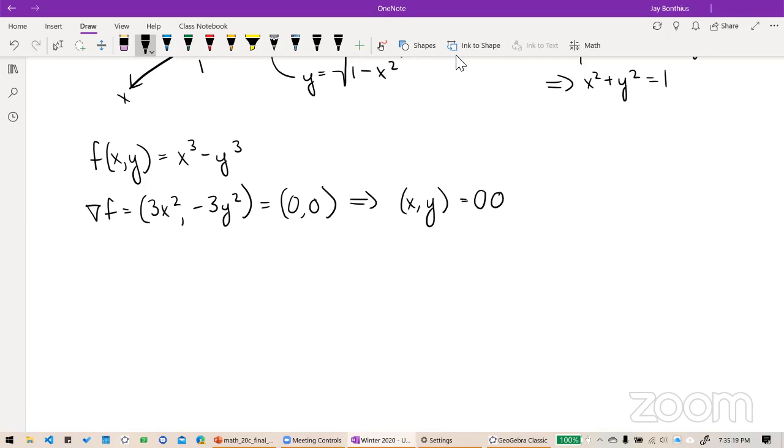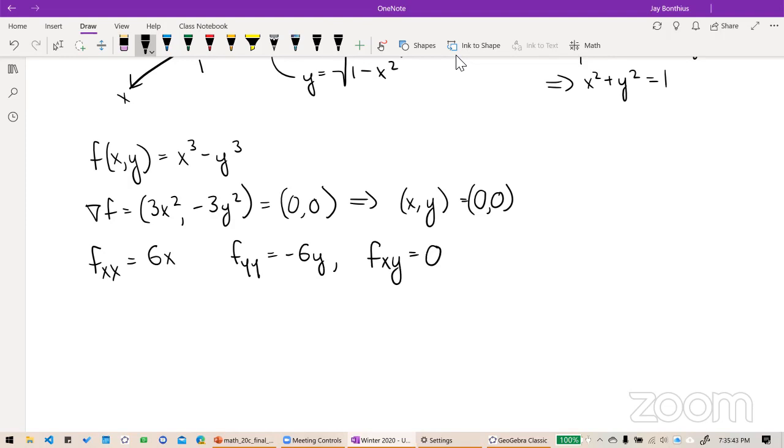And you do the second derivative test to classify this. f_xx is 6x, f_yy is negative 6y, and f_xy is 0.